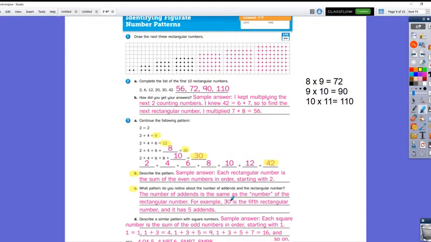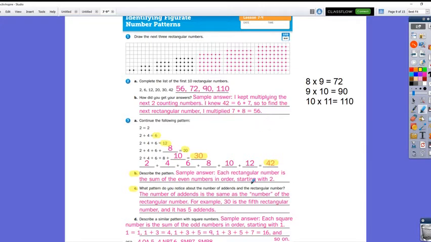For example, 30 is the 5th rectangular number, and it has 5 add-ins: 2, 4, 6, 8, and 10. That's 5 of them, and 30 is the 5th number. So you can see that holds true. For example, 12 is the 3rd rectangular number, and it has 3 add-ins, 2, 4, and 6.